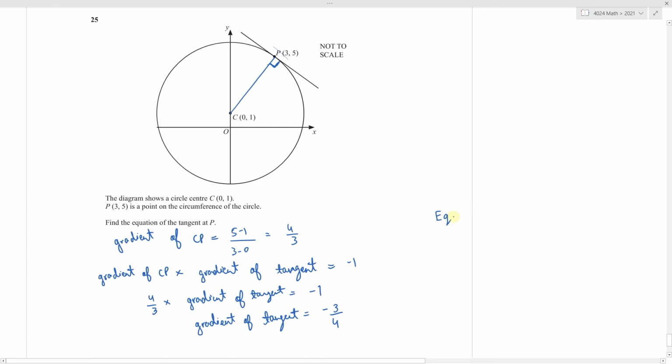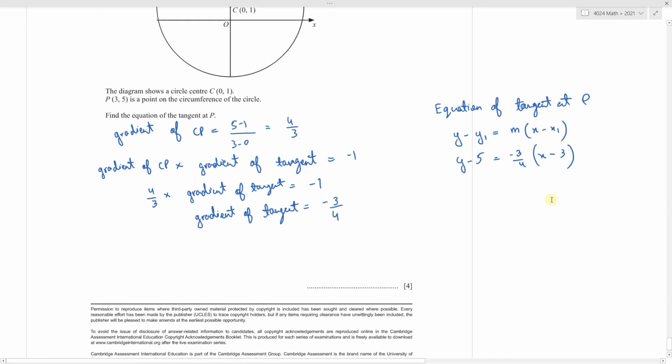So equation of tangent at P. This is y minus y1 equals to gradient into x minus x1. So y minus y1 is this point 5 in equals to gradient is -3 over 4 into x minus x1 is this point 3.